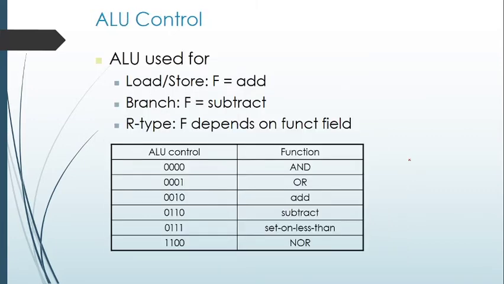First, let's review our understanding of the ALU control. The same 4 bits for ALU control that we studied in the ALU do these basic functions: AND, OR, add, subtract, set on less than, and NOR operation.